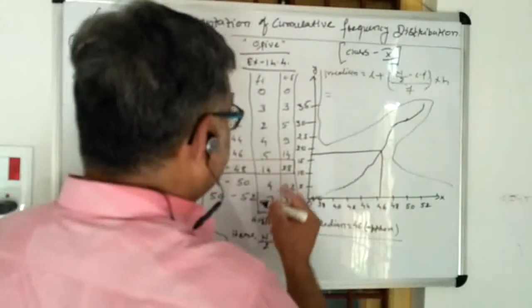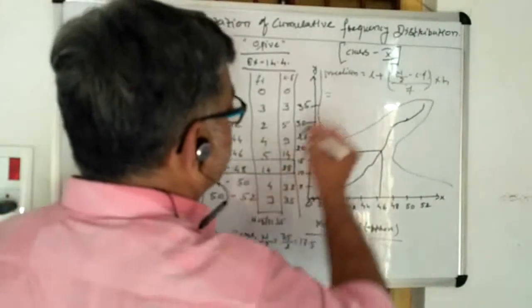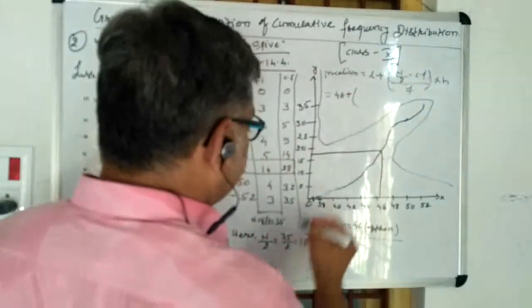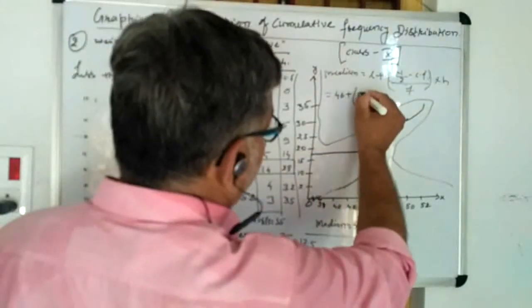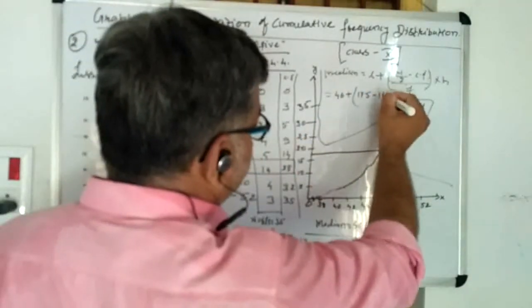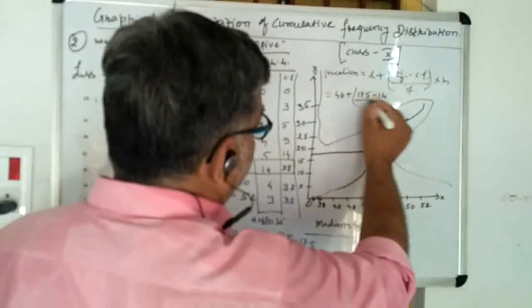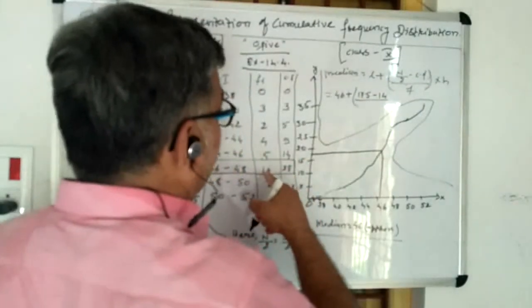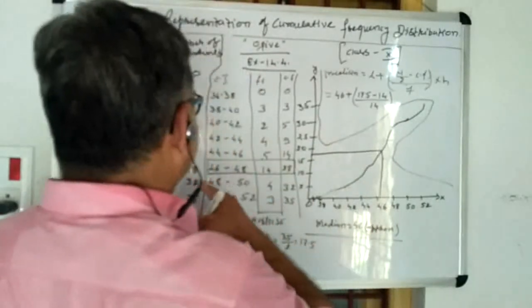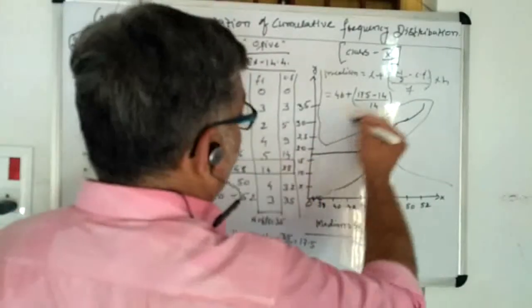Now your L is 46, plus n by 2 is 17.5, minus Cf of the class preceding the median class, that is 14, and frequency of the median class is 14, and the class size is 2.